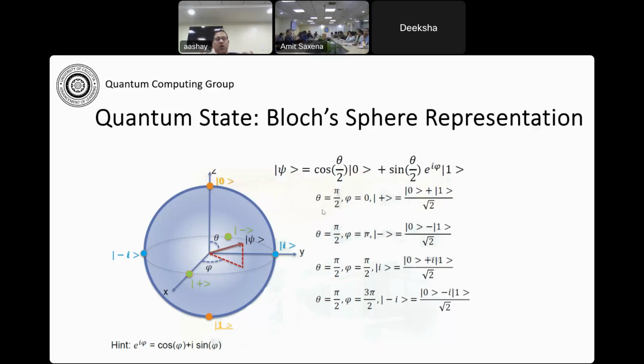What I show here is a quantum state represented as psi. This sphere is a Bloch sphere. A sphere means it has three axes: the z-axis, the x-axis, and the y-axis, which are also shown in this figure.